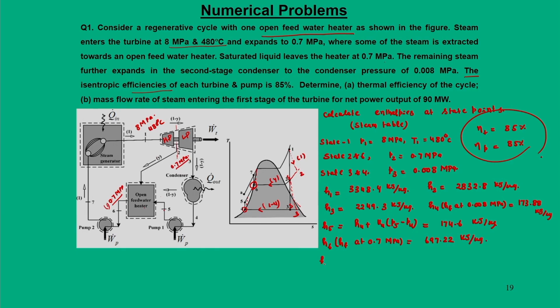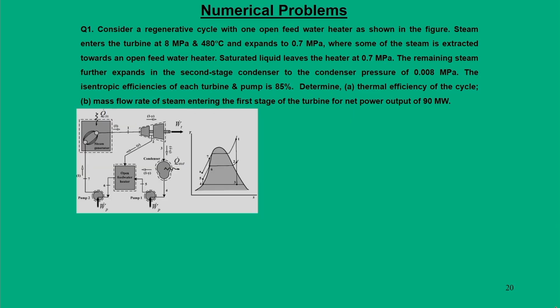Then H7 is equal to H6 plus V6 into P7 minus P6. So, this number is 705.3 kilojoule per kg. So, through this process we know all these enthalpies at all the state points.